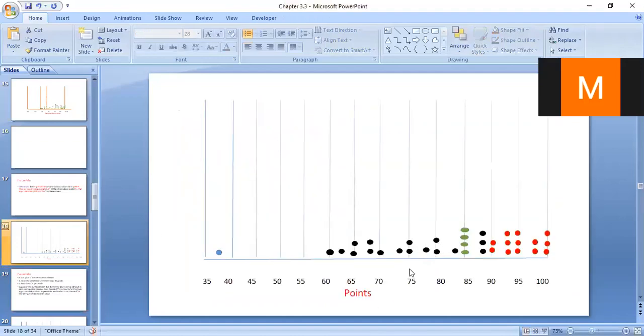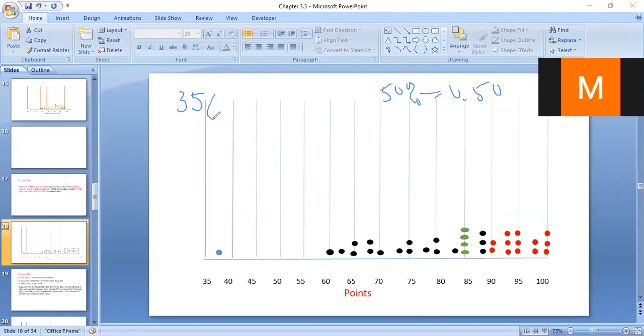You look on this one. You find the 50 percentile. We have the 35 scores, right? 35 scores. And now 50%. This is 0.50.